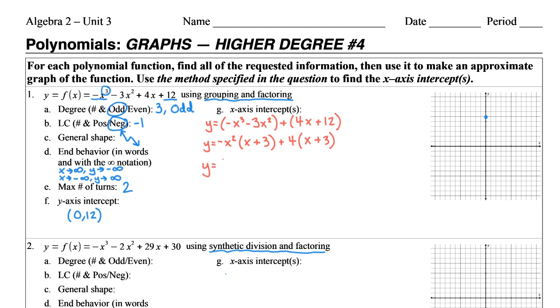That tells me that I can take that group, write it out front, x plus 3, and then make another group out of what was left behind. We have negative x squared plus 4.